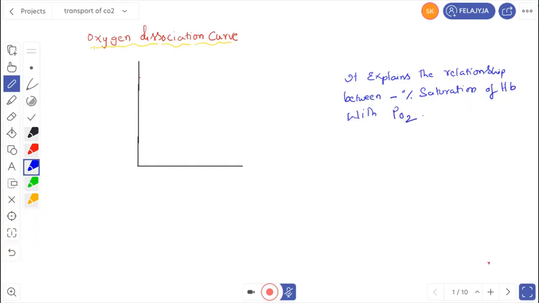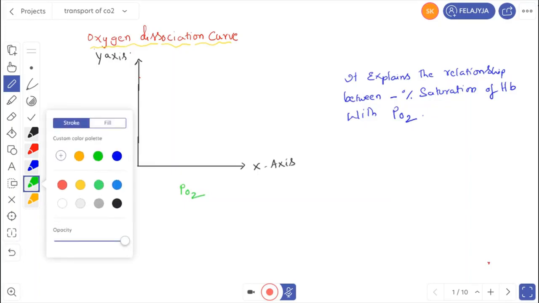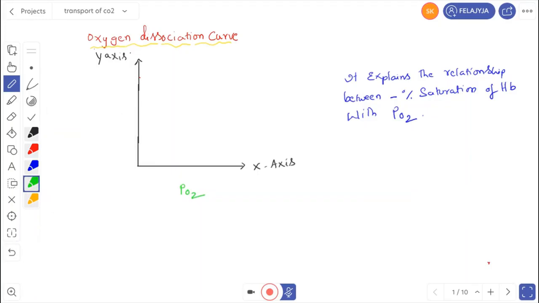So this one will be the x-axis and this one will be the y-axis. On the x-axis we are plotting the partial pressure of oxygen, and on the y-axis we are plotting percentage saturation of hemoglobin.